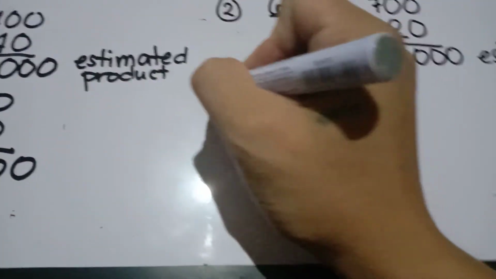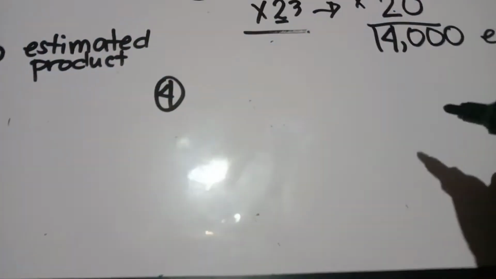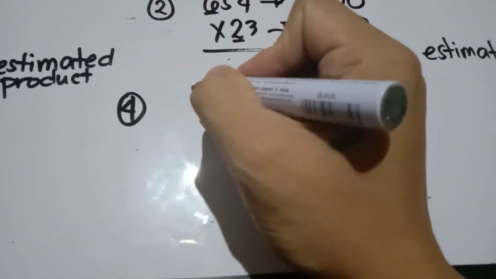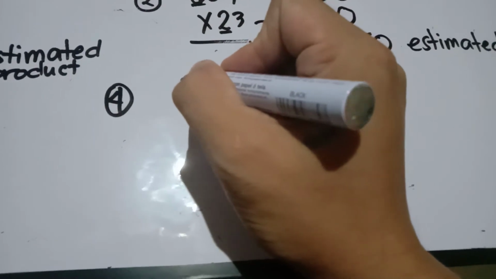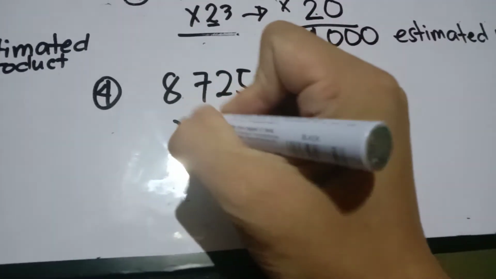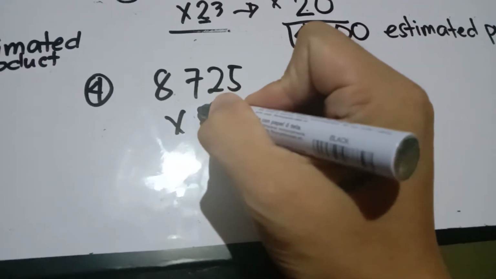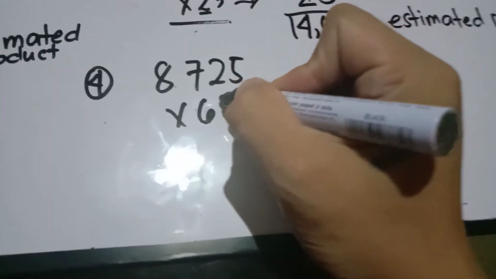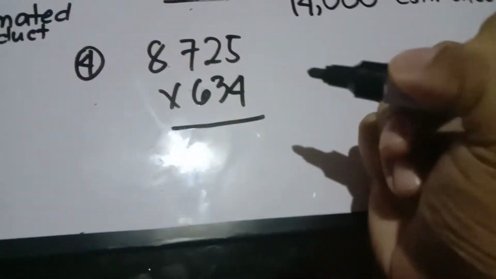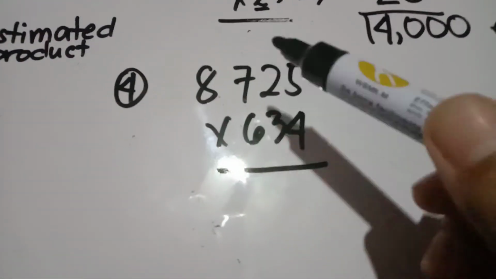Okay, number 4. Let's proceed with the last example. 8,725 times, let's say, 634. So this time, try to check.